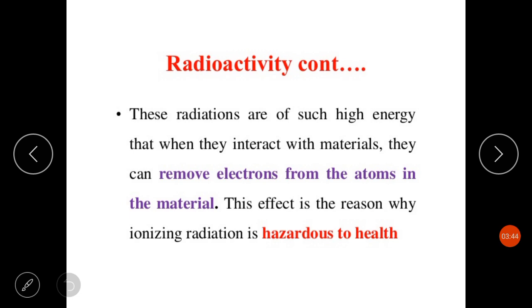For example, alpha and beta particles emitted from nuclear decay reactions possess much higher energies than ordinary chemical bond energies, and when they strike and penetrate matter, they produce ions and molecular fragments that are extremely reactive.